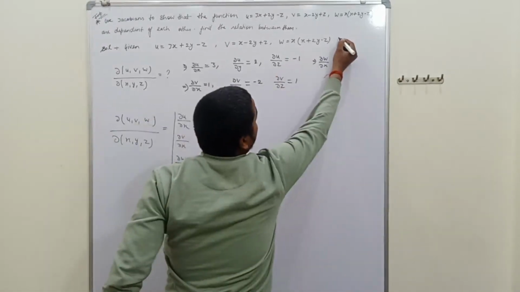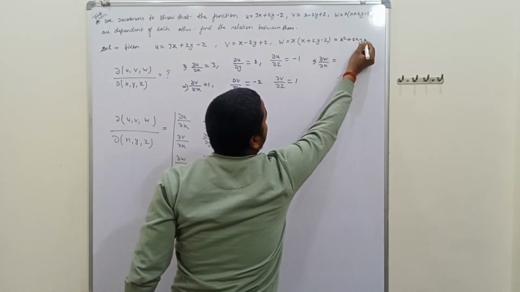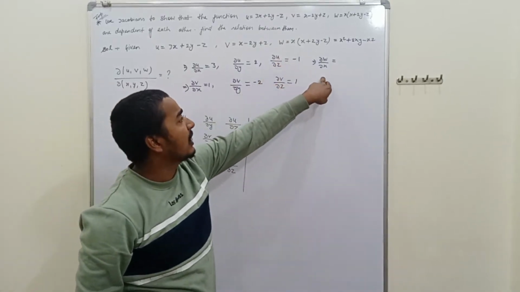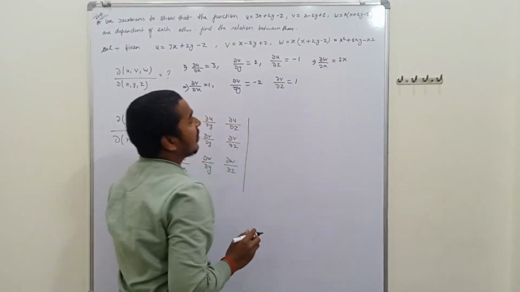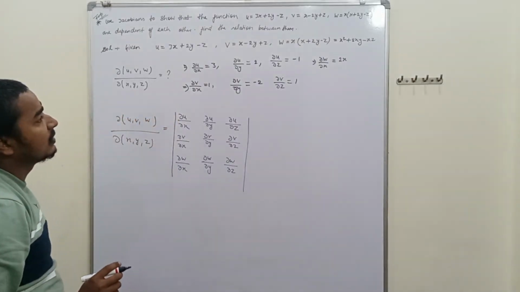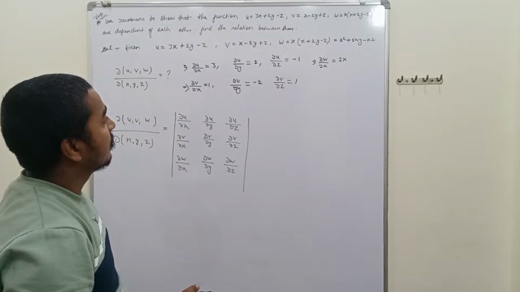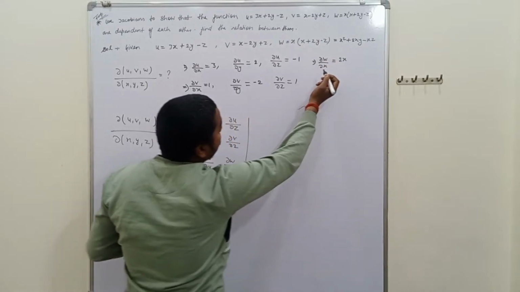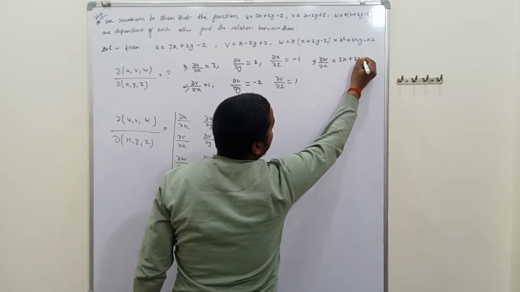Here the value of w can also be written as x squared plus 2xy minus xz, and partially differentiating with respect to x, that is 2x plus 2y minus z. So del w upon del x is 2x plus 2y minus z.